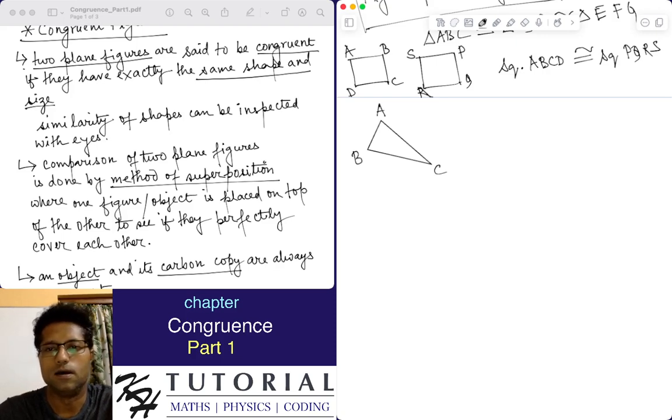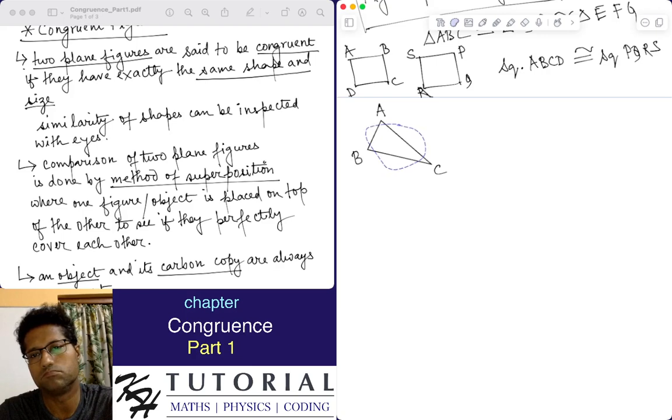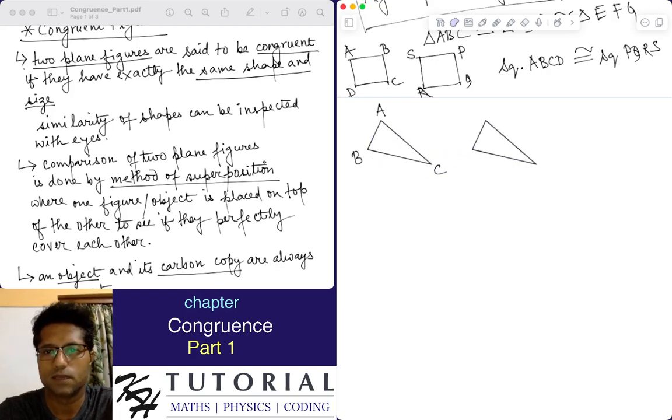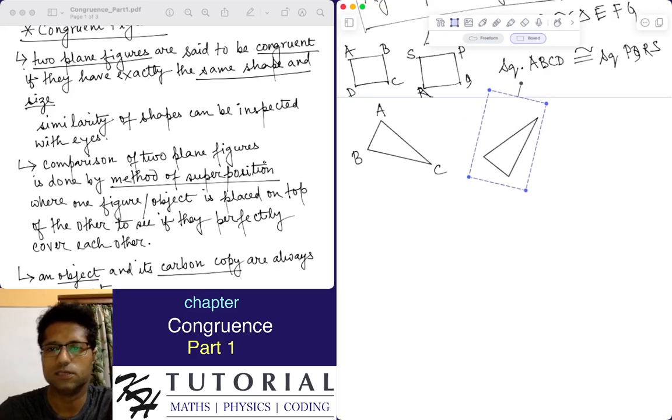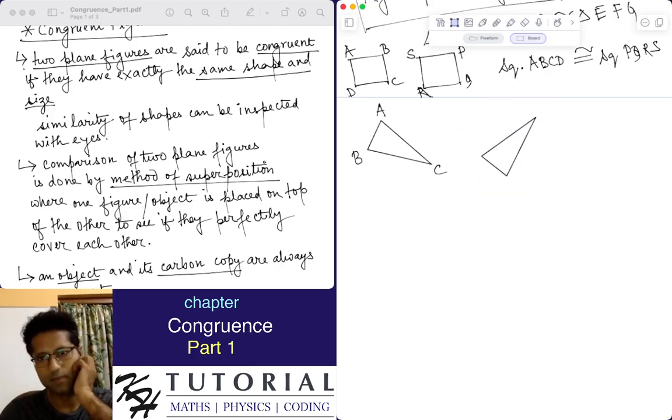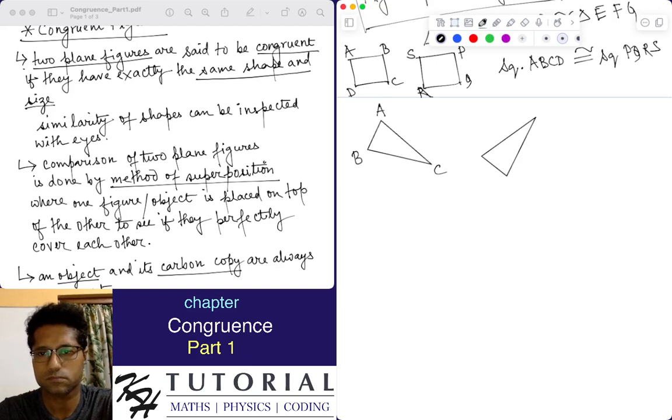Now let's say I create another triangle. I duplicate this triangle and I get this triangle. Even though these two triangles may not look the same visually, they are congruent triangles, as you can see.